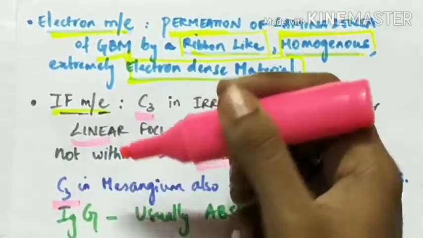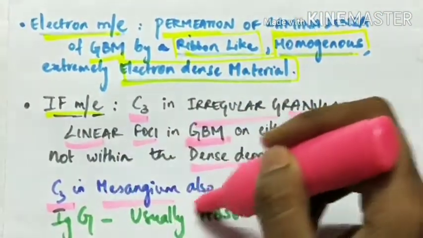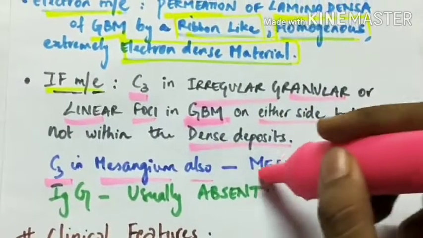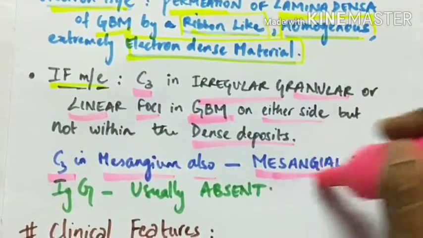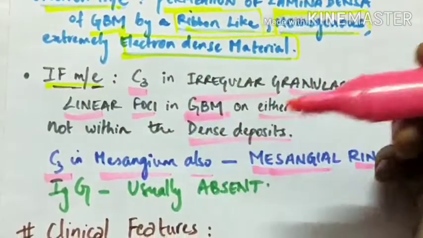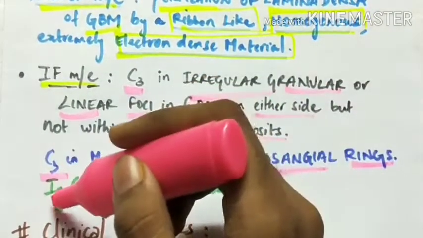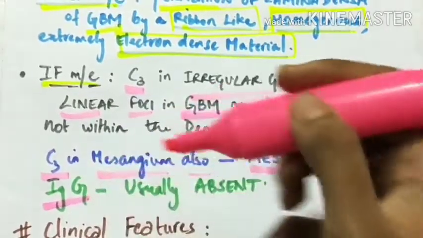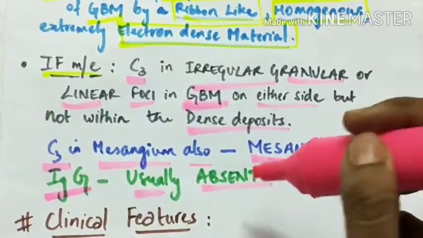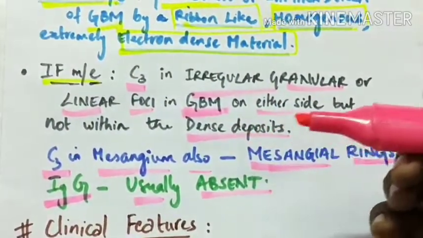The C3 is deposited also in the mesangium, producing mesangial rings. So C3 deposition in the mesangium produces mesangial rings in type 2 MPGN. As we already saw, IgG is usually absent. So there is only complement deposition.